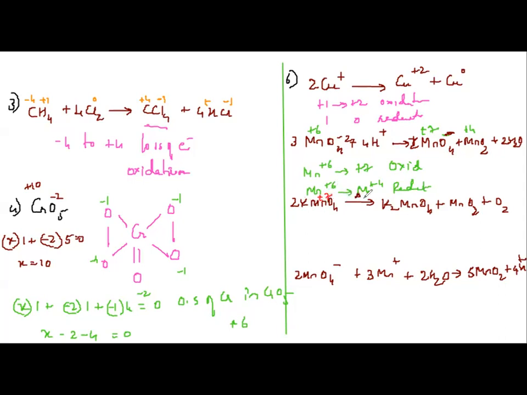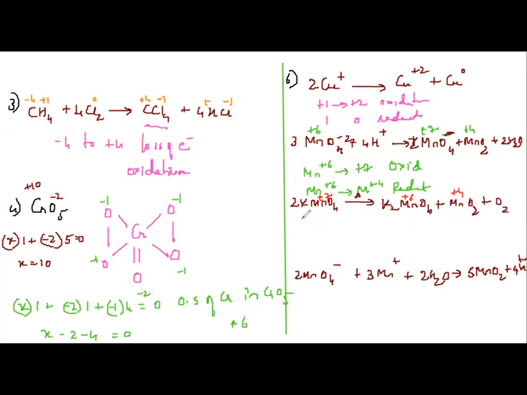In K2MnO4, plus 1 into 2 plus x plus minus 2 into 4, which is minus 8, becomes plus 6. And MnO2 is plus 4. So KMnO4 has plus 7, and in K2MnO4 it is plus 6. So this is correct. Okay, fine. So what is happening?